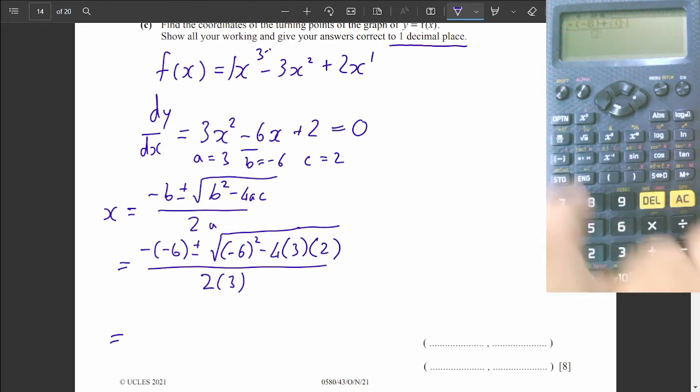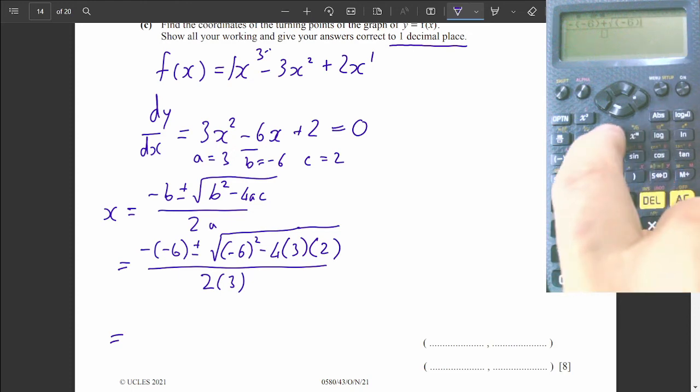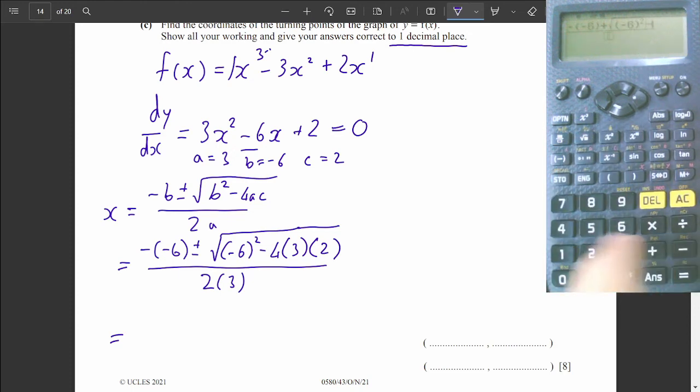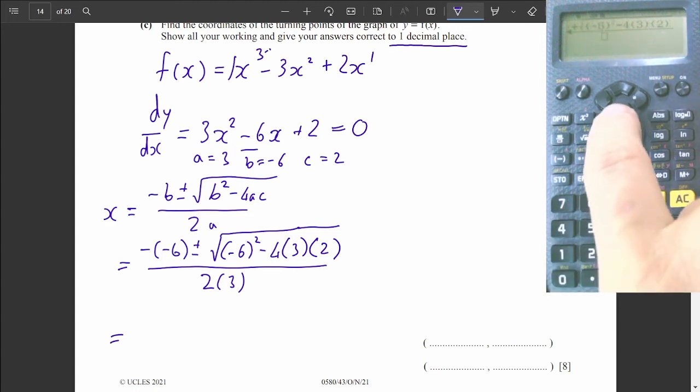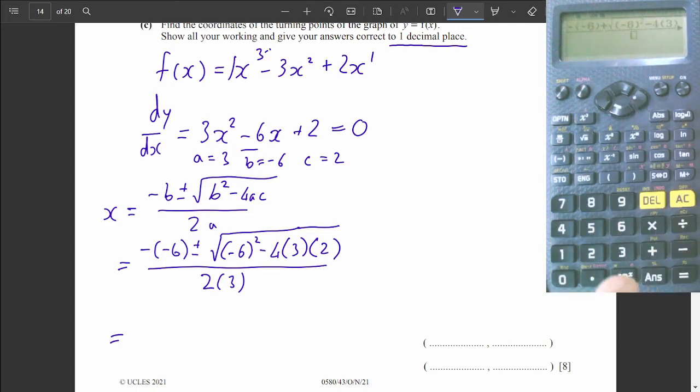Square root in brackets negative 6 squared minus 4, 3, 2, down arrow, 2 times 3. And we get our first value there. X equals 1.5773, etc. So here we go.